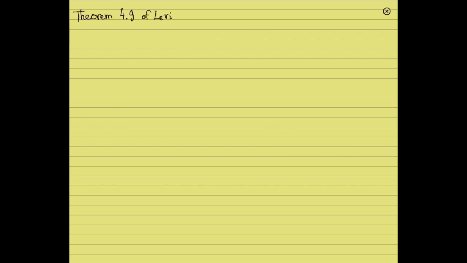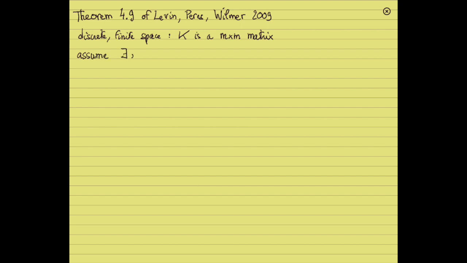So next we can see how more generically we can obtain the convergence of the marginals. And for that we're going to follow theorem 4.9 of this book, Markov Chains and Mixing Times. And that's focusing on the case of discrete finite state spaces. So here, K, the transition kernel, is simply a matrix, say M by M, where M is the size of the state space.